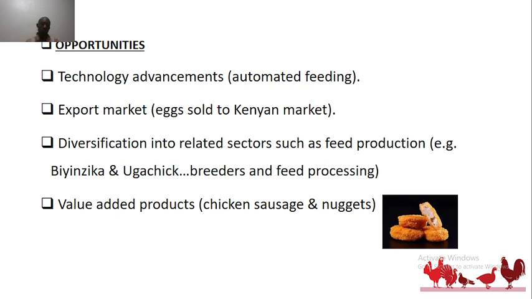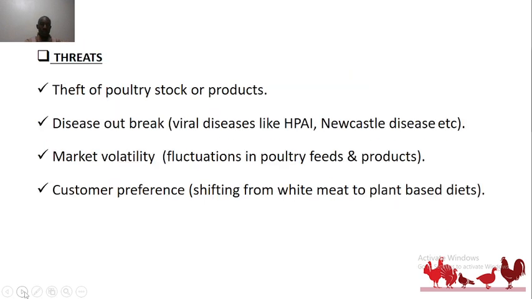We have seen companies like Uga Chick and others doing it in Uganda. These are opportunities. Then the demand for value-added products, for example chicken sausages and nuggets, is increasing, whereby most people are living within urban centers and need these value-added products. So it's an opportunity for the poultry industry.